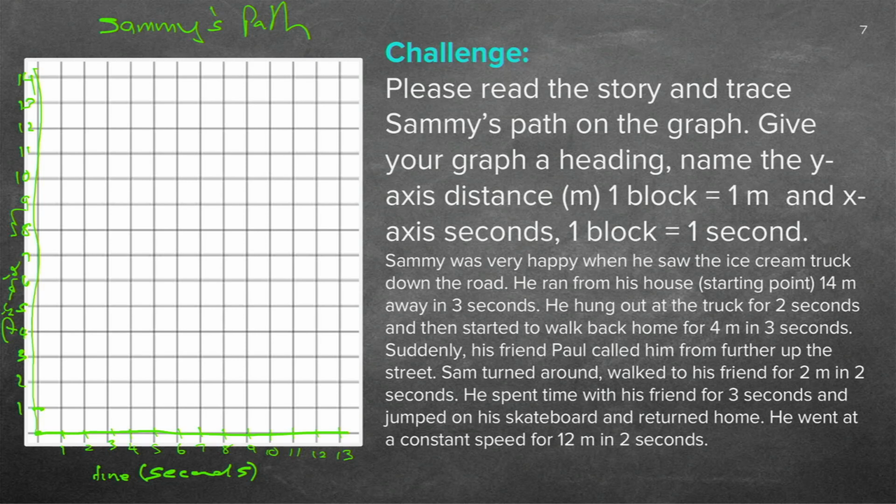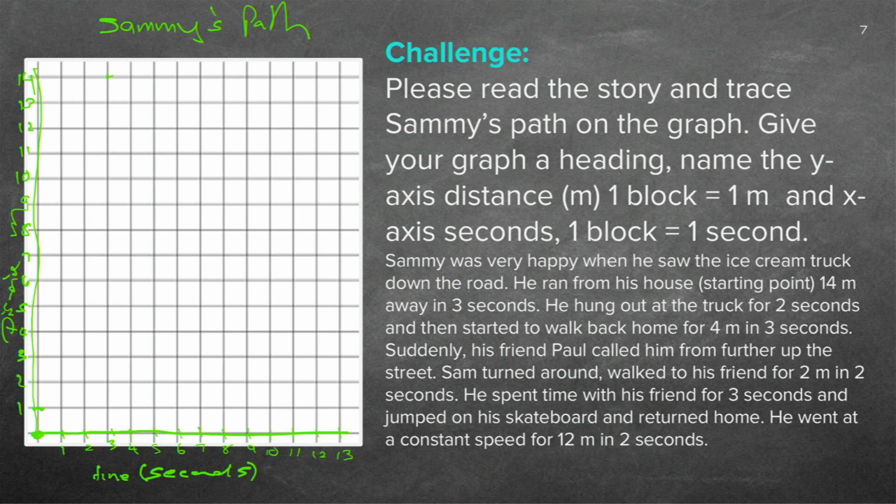Sammy was very happy when he saw the ice cream truck down the road. He ran from his house, which is the starting point here, 14 meters away in 3 seconds. So this is 3 seconds and there's 14, right?